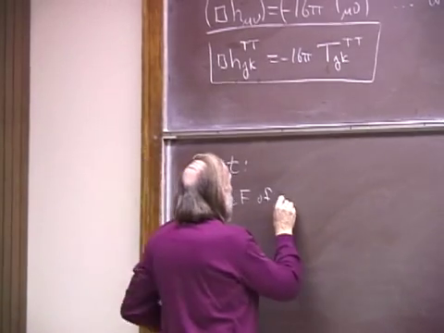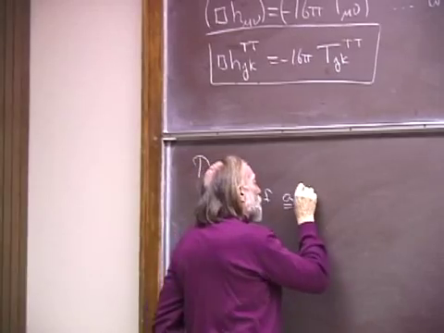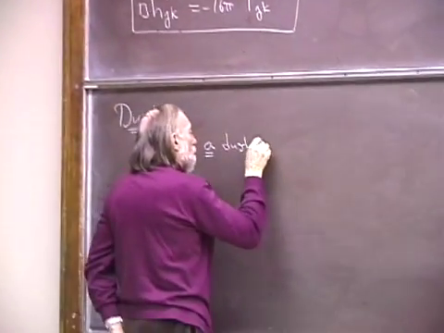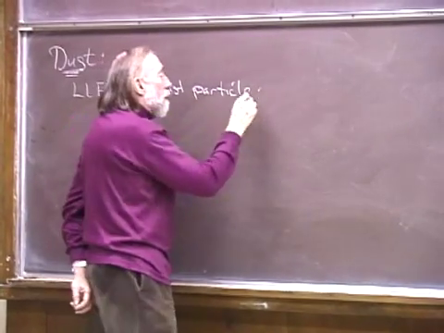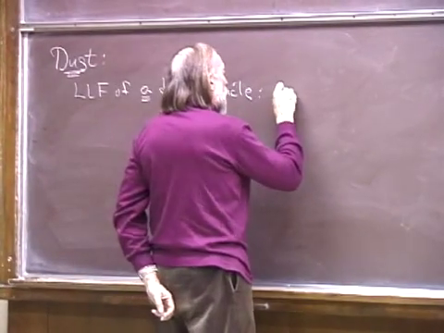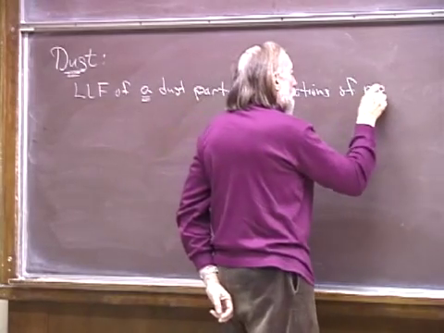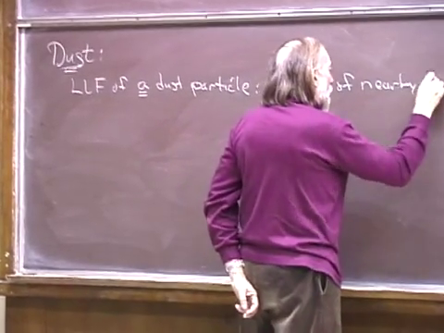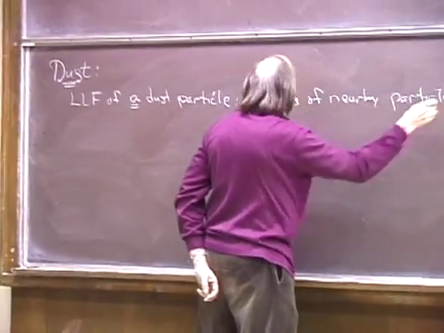So in the local Lorentz frame of any dust particle, the motions of nearby particles are just the motions that we talked about before.